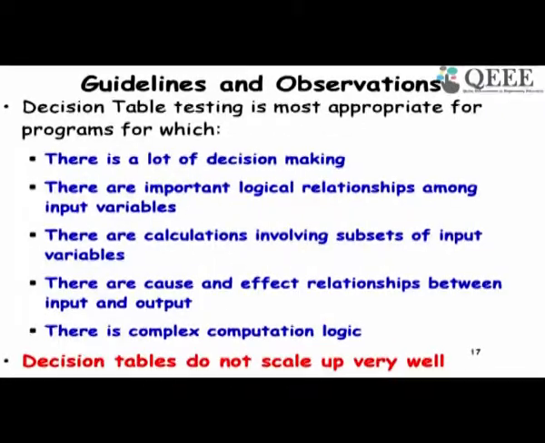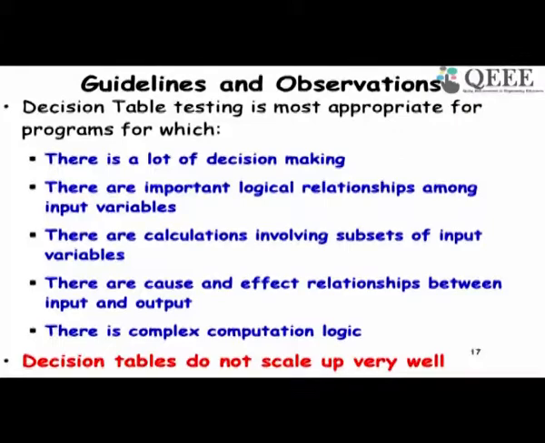So decision table based testing is appropriate when there is a lot of decision making. There are important logical relations among input variables, calculation involving a subset of input variables, cause and effect relation between input and output. Depending on some input, some outputs are set, and there is a complex computation logic.